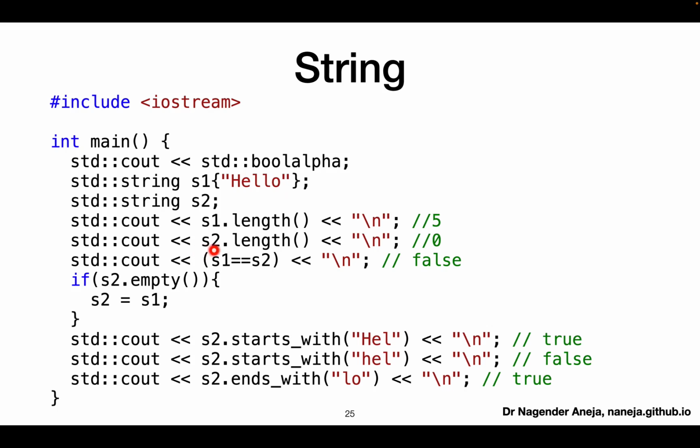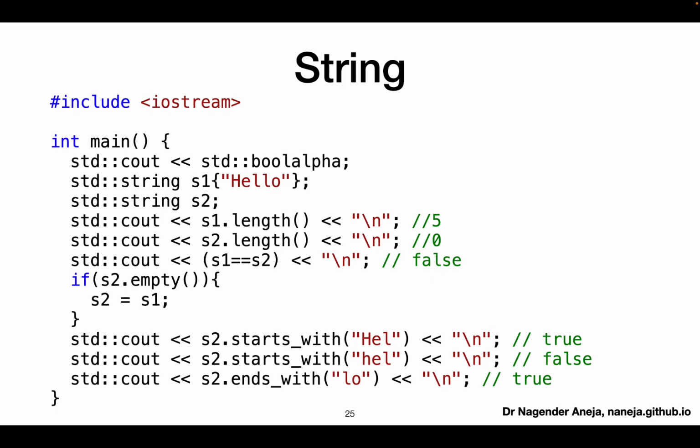And s2.length, since this is empty, is going to display 0. And if we check whether s1 is equal to s2 or not, since s1 is not equal to s2, this is going to say false. The strings are not equal.